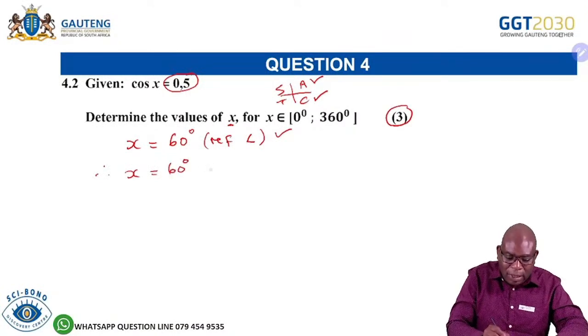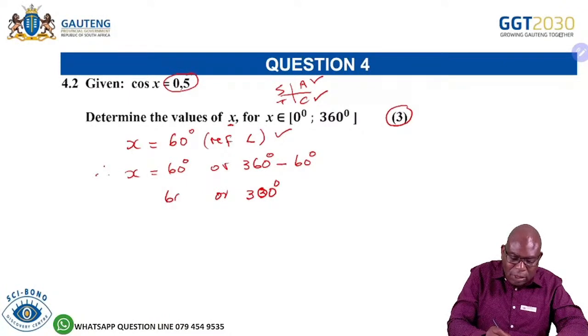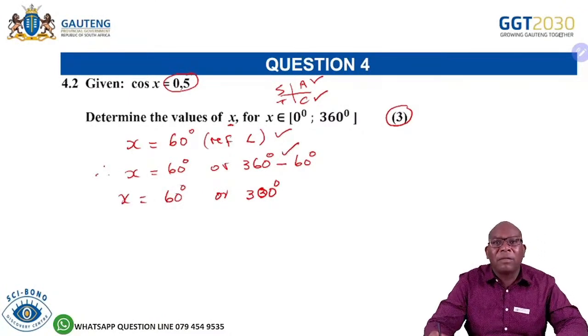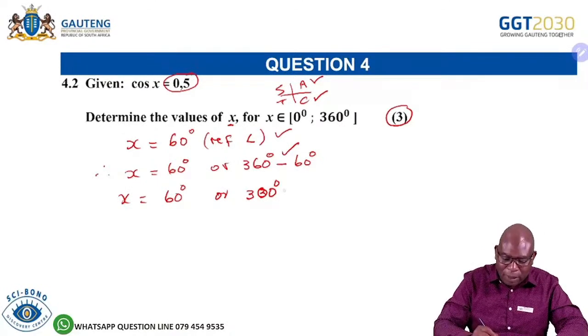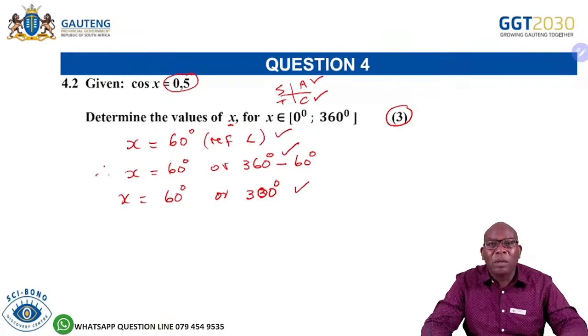In the fourth quadrant, it is 360 degrees minus the 60, which is the reference angle, and that will be 300 degrees. So your mark will be for writing 360 minus. The next mark will be for knowing that there is 300.